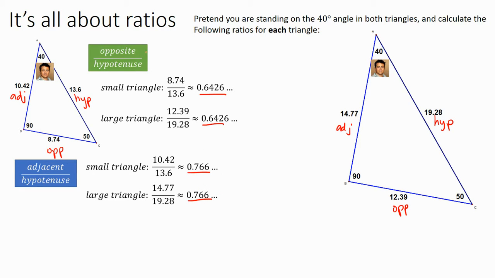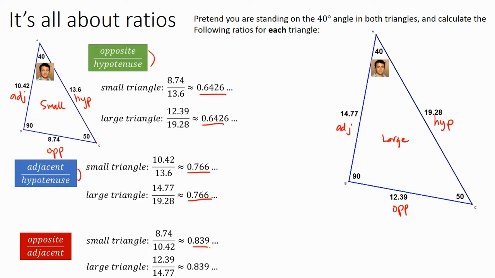That's because it's a different comparison, but they're the same within the small and the big triangle. There's one more ratio, opposite over adjacent, which gives us, again, the same ratio for both triangles.